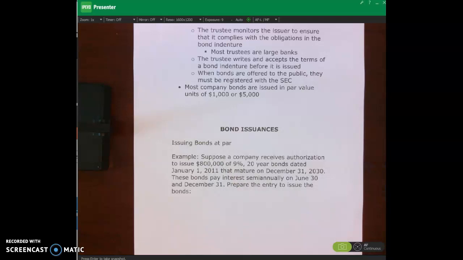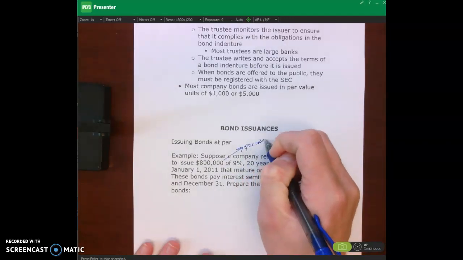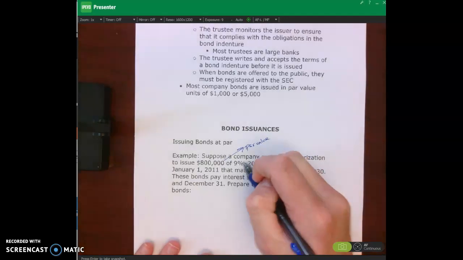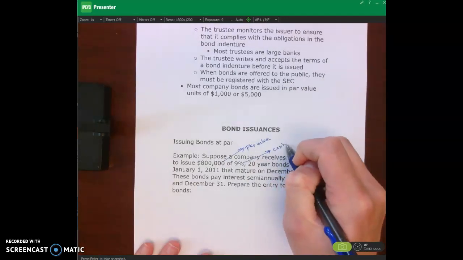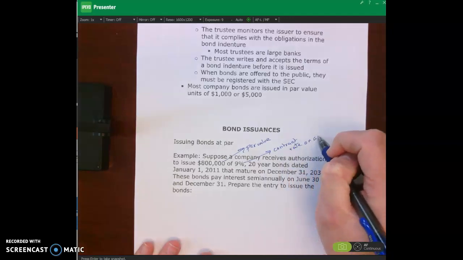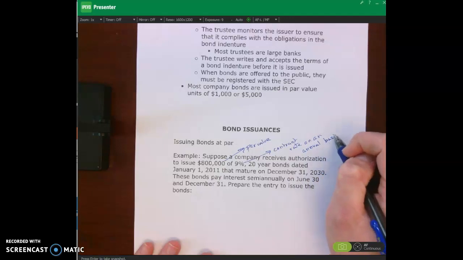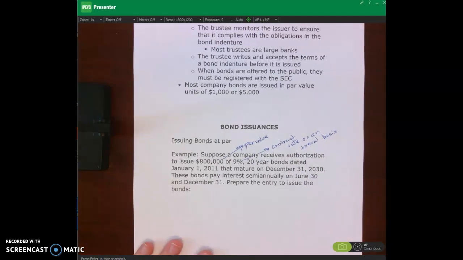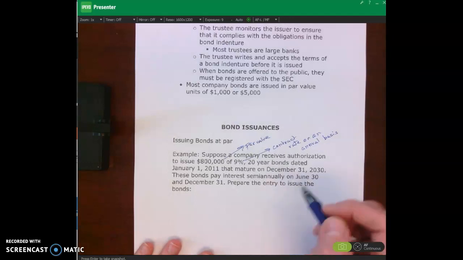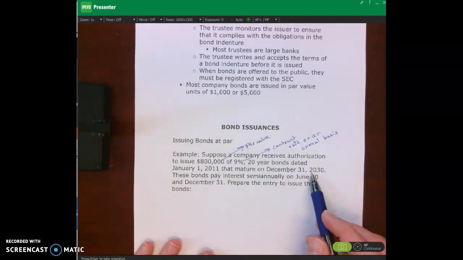Suppose a company receives authorization to issue $800,000, that's the par value, of 9%, that is the contract rate, on an annual basis. 20-year bonds, so this means that they'll mature on December 31st, 2030, which is 20 years later.